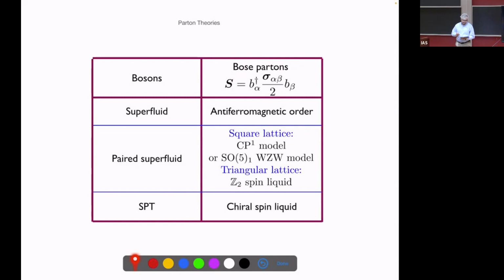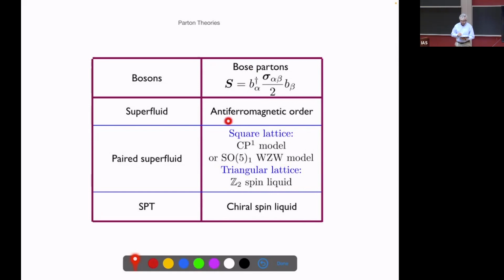So the idea is that on the left-hand side, you have some simple phases of bosons or fermions, and on the right-hand column, you have the more complicated phases of matter you get once you remember that there's a gauge field.